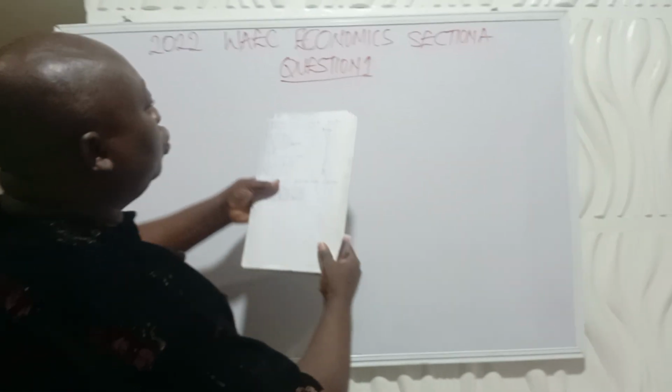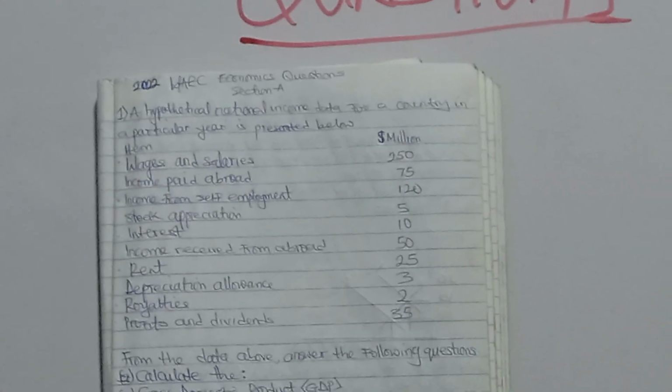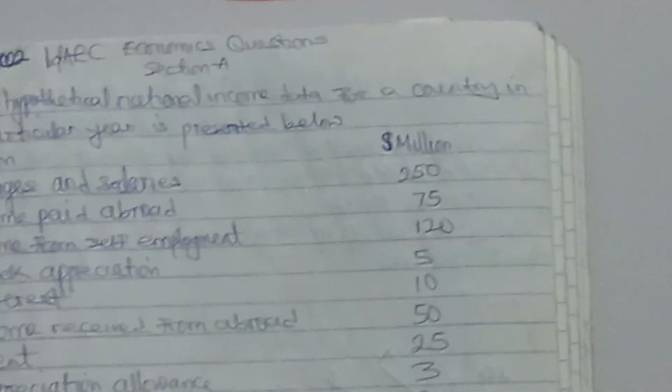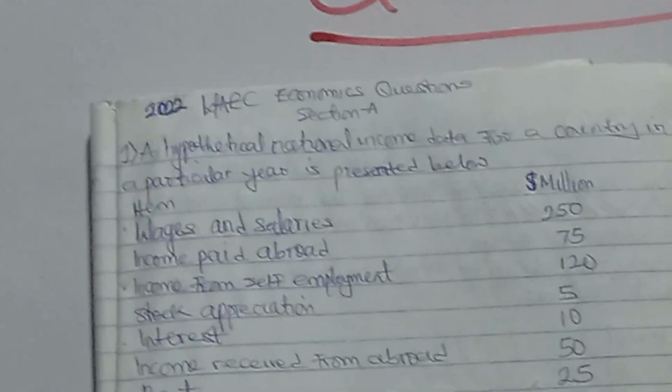I want you to go through the question. Can you see it? A hypothetical national income data for a country in a particular year is presented below. You have the item and the figures in millions.